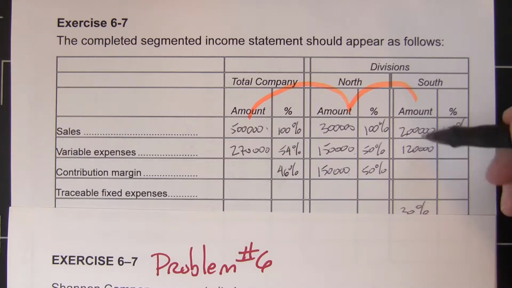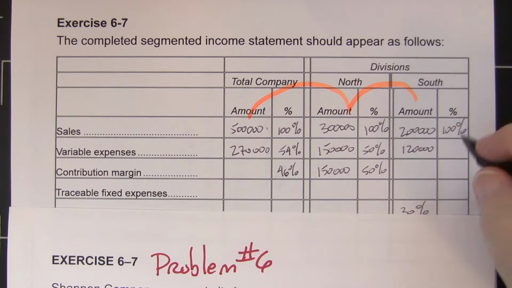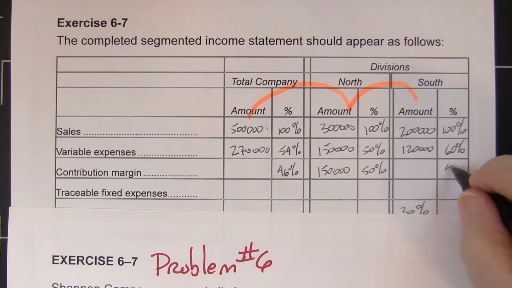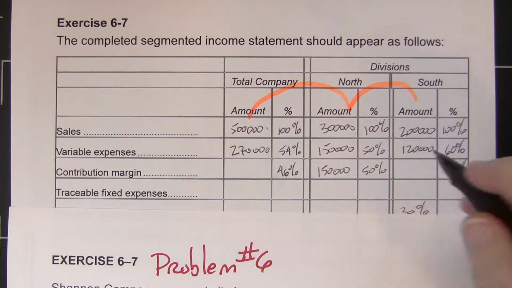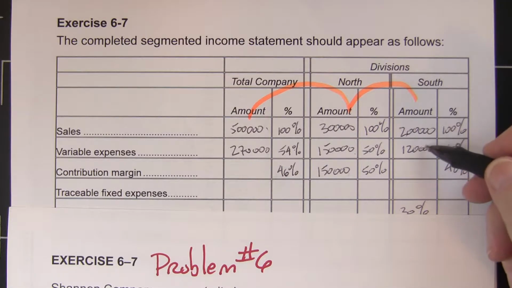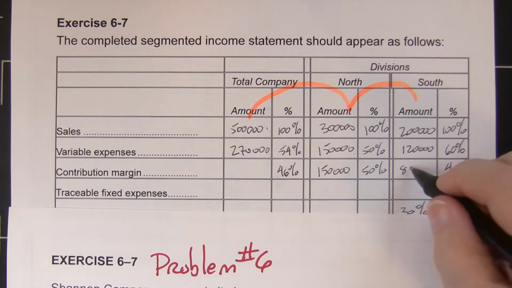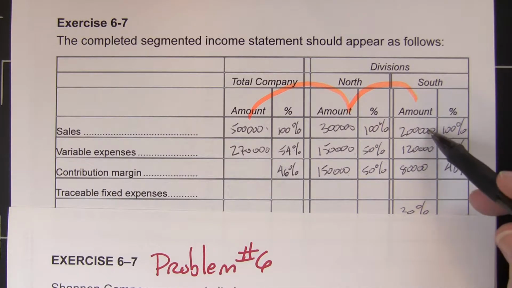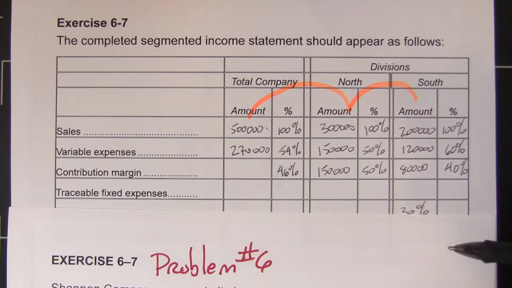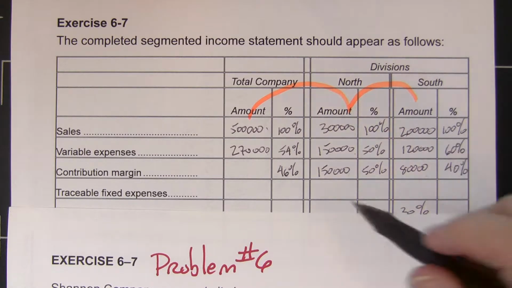It's 120 divided by 200, 60%, which means the contribution margin has to be 40%. We know the contribution margin is 80,000, sales minus variable expense. Want to check yourself? 80 divided by 200, 40%.